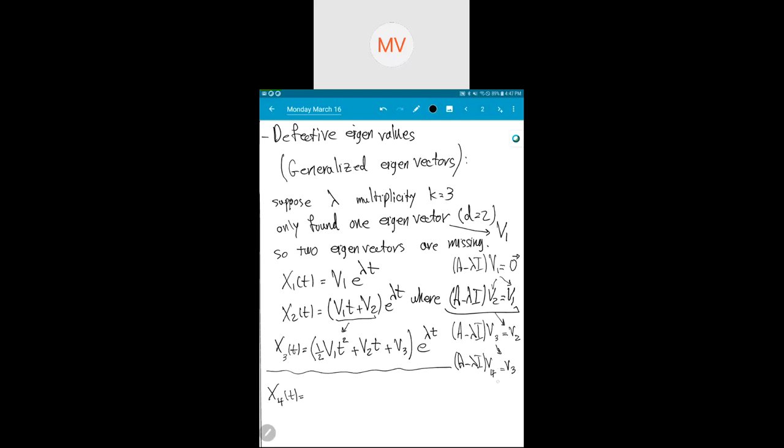There you go. That's your V4. And the corresponding solution for that is, I'm going to write it down, and then you tell me what coefficients do I use. So it's going to be V1 t cubed plus V2 t squared plus V3 t plus V4.